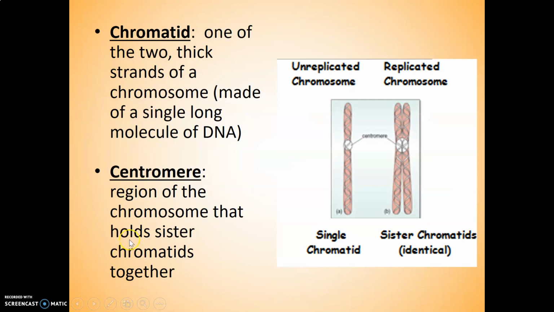Then, once they condense, you have a chromatid, one of the two thick strands of a chromosome. It's made of a single long molecule of DNA. So right here is your single chromatid. When it's replicated, you have two sister chromatids. And then you have a centromere, which is the region of the chromosome that holds sister chromatids together. So the centromere is right here.